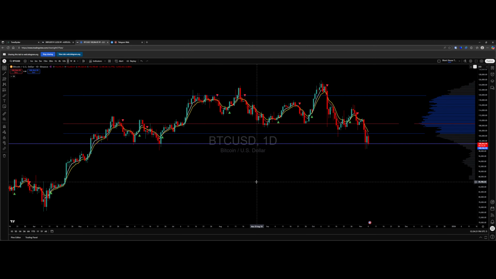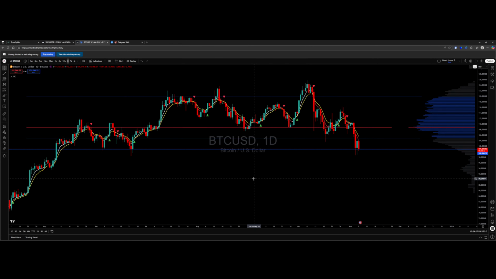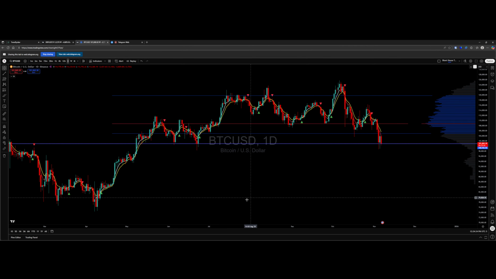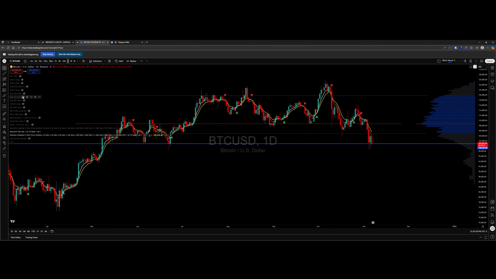It's just a matter of when price is retracing, it's looking for an area where it can sit down and rest.